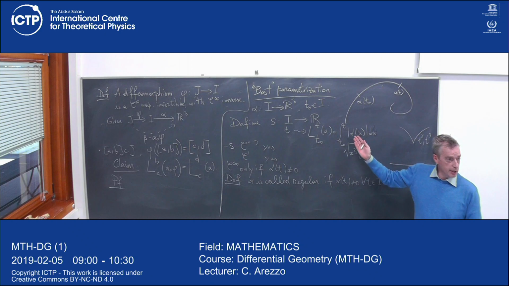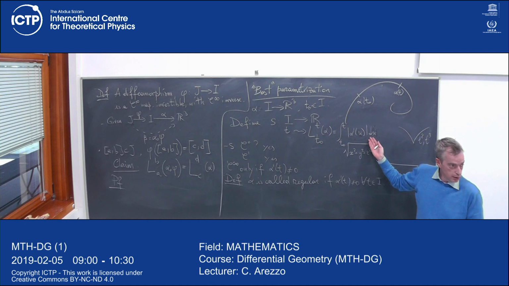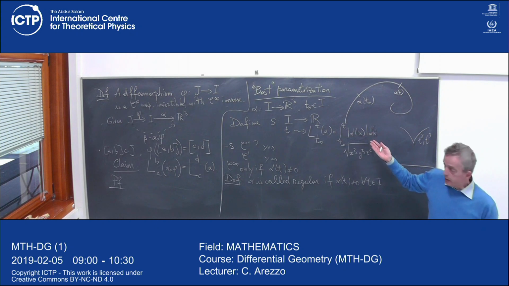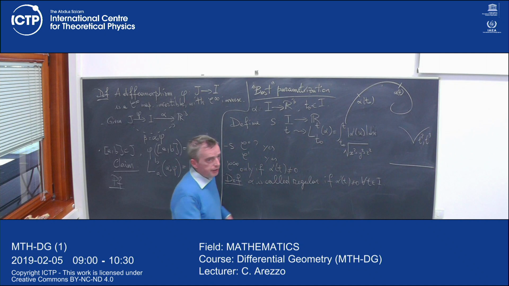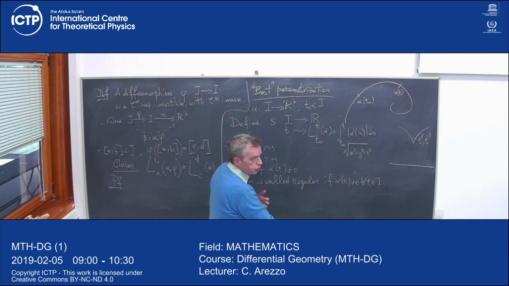You see, the derivative has a sign, because it's the norm of a vector. It's strictly positive, so it's increasing. If it's monotone, it means it's also injective. So if I restrict to the image, I can also invert it. There is certainly an inverse.